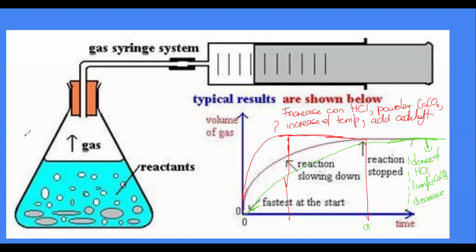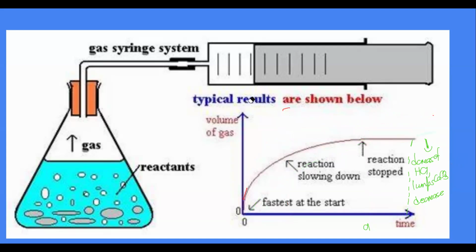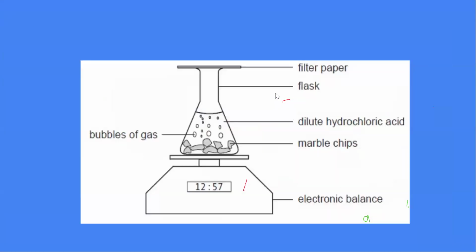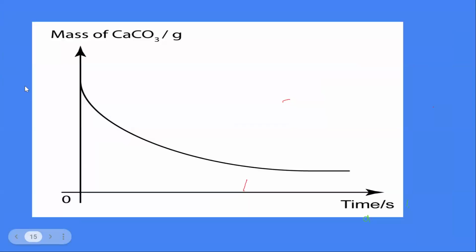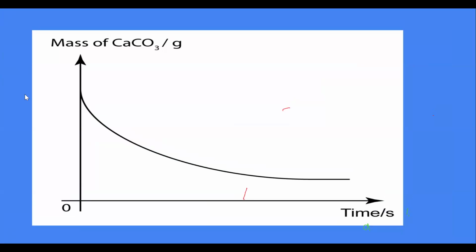Clear? Now, here we have the other graph. On the other graph, in red, I'm going to put the conditions to speed up the rate of reaction. And in green, I'm going to show you how the graph changes when I slow down the rate of reaction. So in red, if I want the reaction to occur faster, I need to end this reaction in a quicker time.